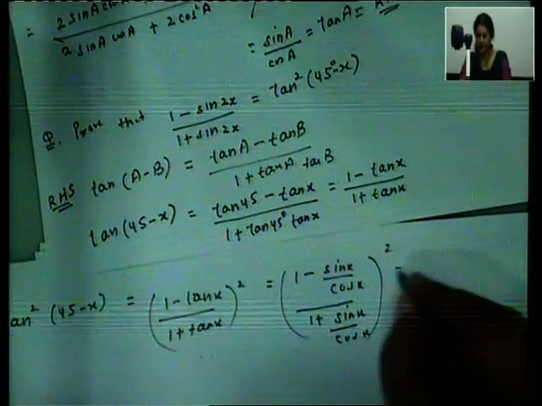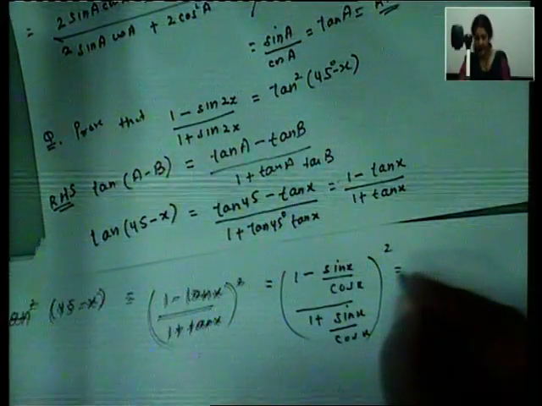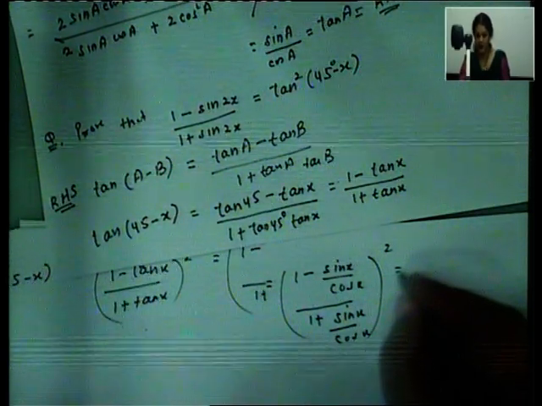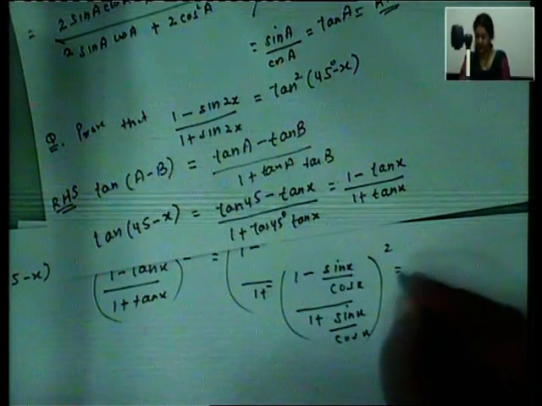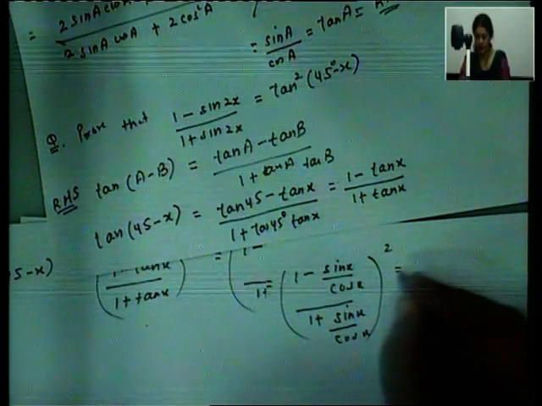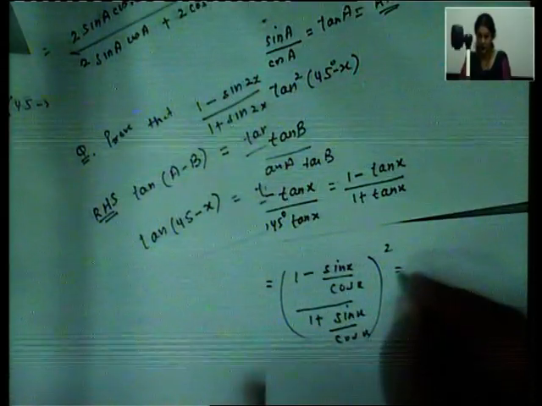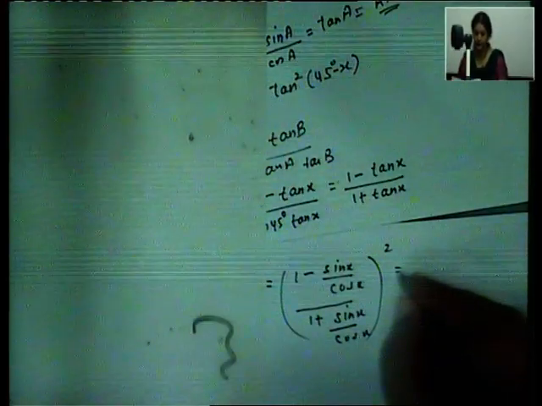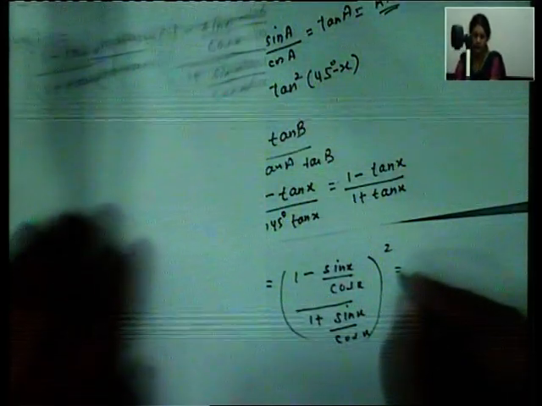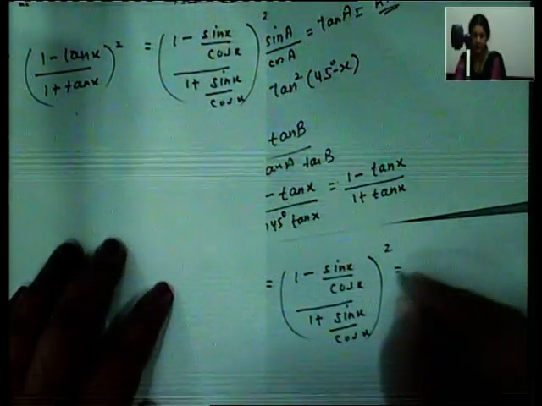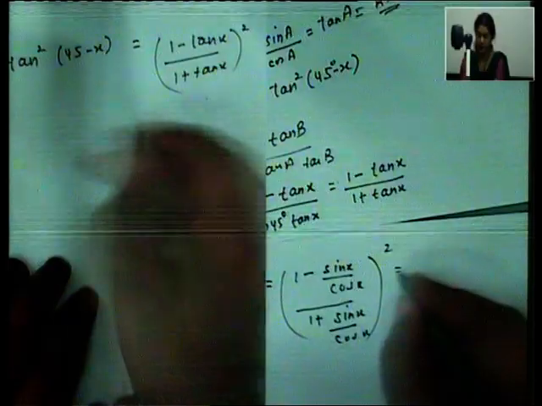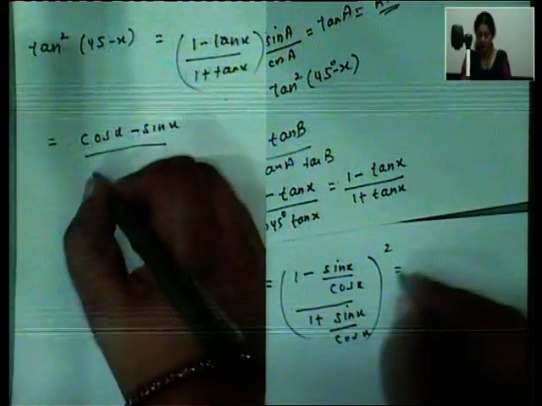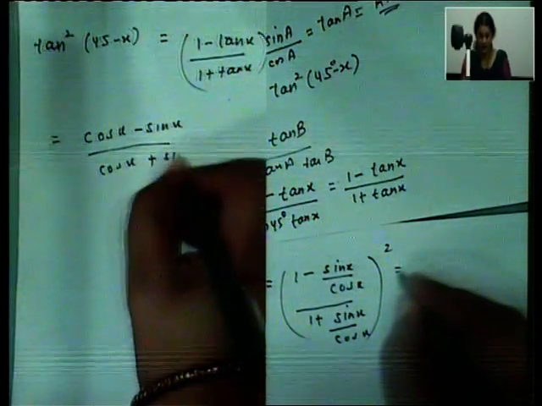So this becomes (cos x minus sin x) upon cos x, upon (cos x plus sin x) upon cos x. So this is equal to ((cos x minus sin x) upon (cos x plus sin x)) whole square.